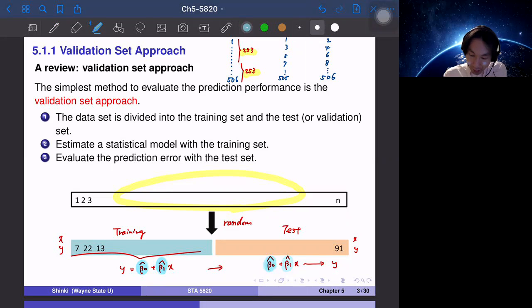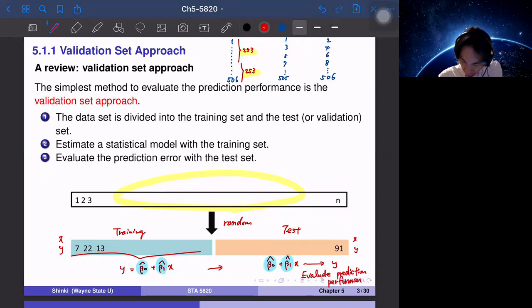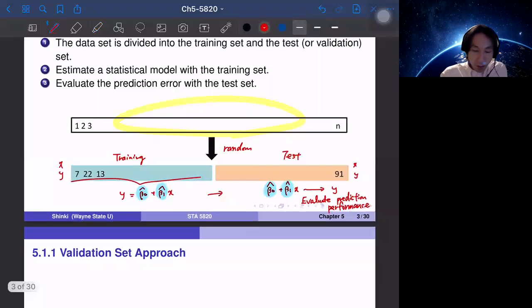So we use the estimated parameters from the training set, then we evaluate the prediction performance. So this is the training test approach.